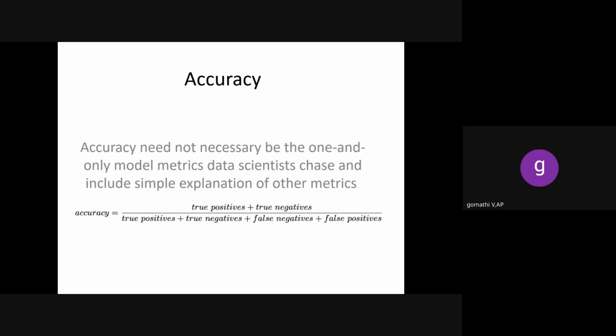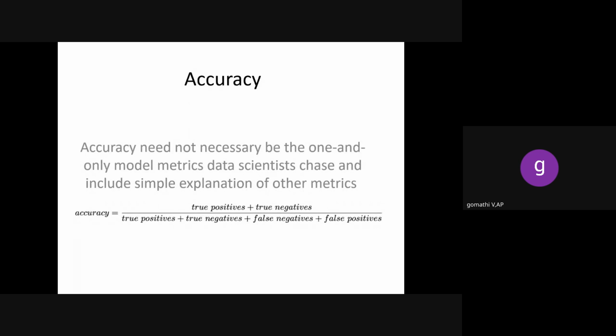Accuracy is mainly used to measure the percentage of correct predictions based on the model. Accuracy is calculated as true positives plus true negatives divided by true positives plus true negatives plus false positives plus false negatives.